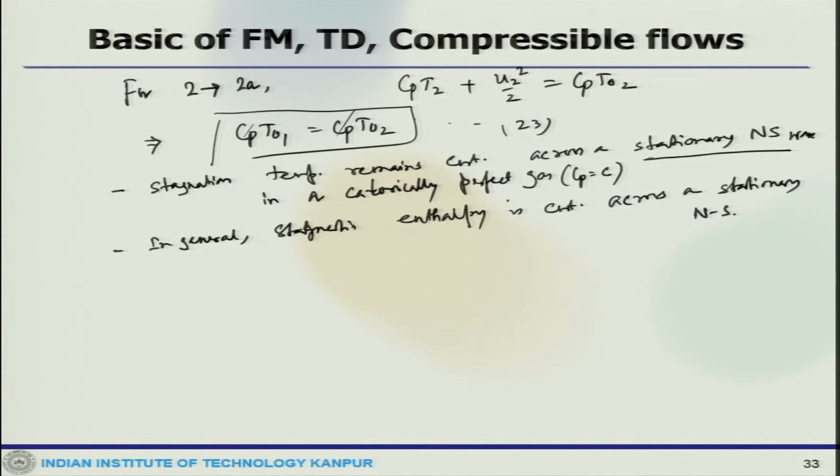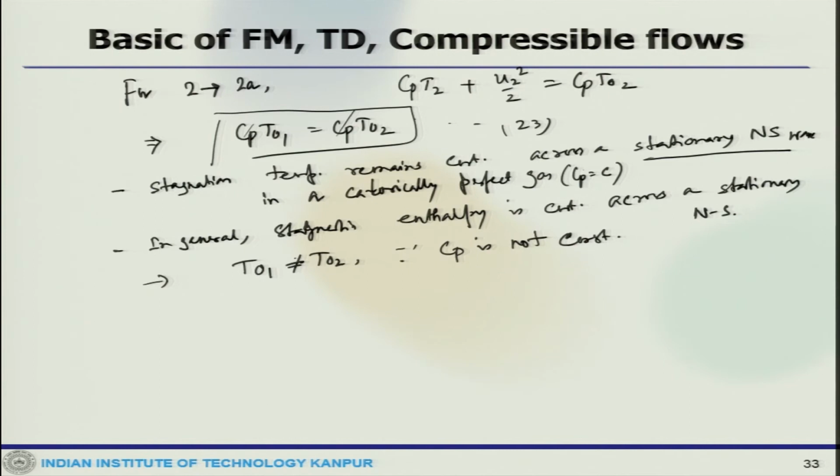Okay. Now, for chemically reacting gases, if there is a chemical reaction, then T naught 1 would not be T naught 2, since Cp is not constant anymore.